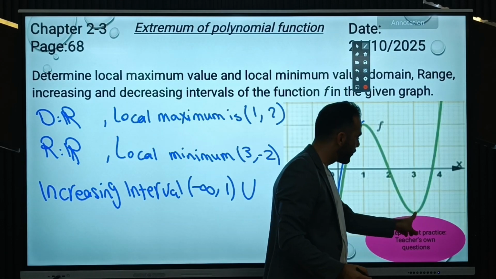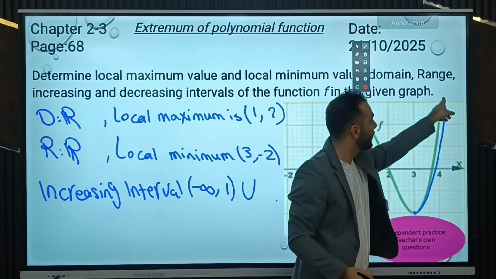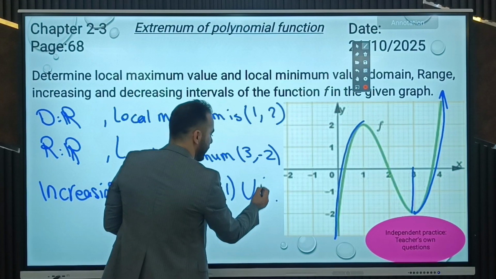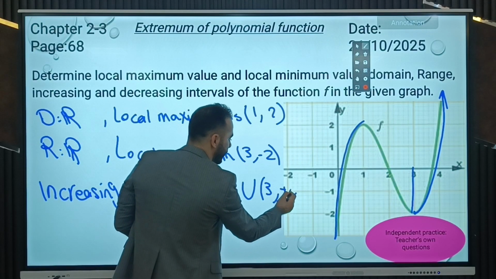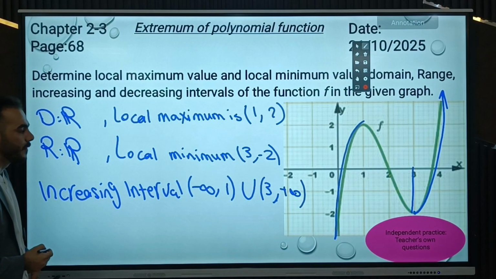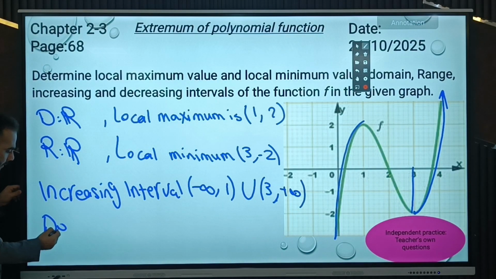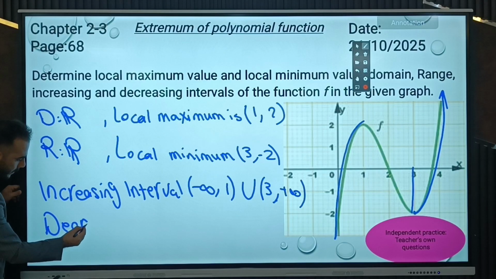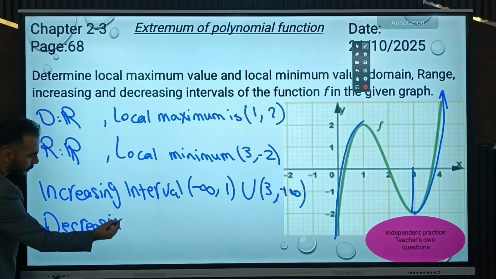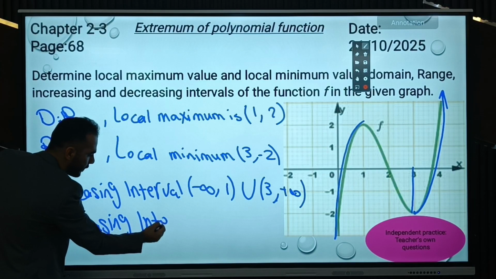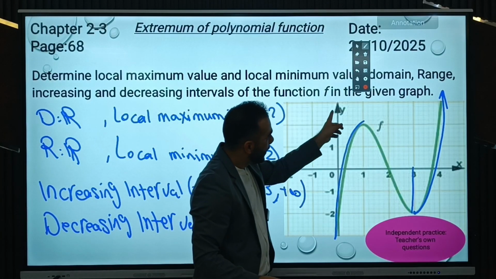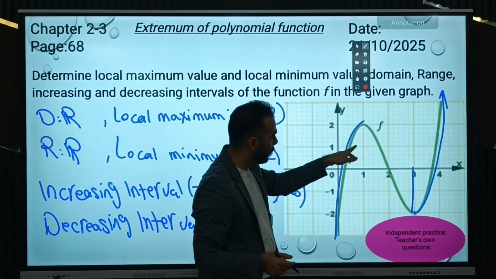So what is that point? 3. From 3 to positive infinity. Perfect. And the decreasing interval is, look, from left to right if we move, from 1 to 3, our graph is decreasing.